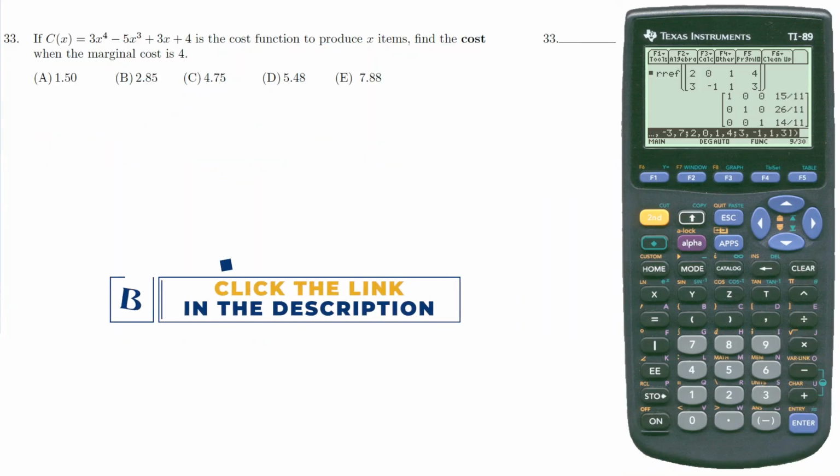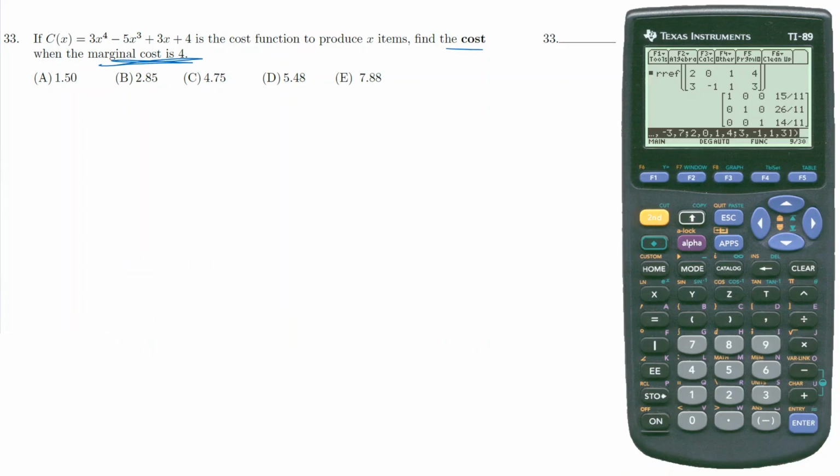Okay, if C of x is the cost function to produce x items, find the cost when the marginal cost is 4. For that, I first of all have to differentiate 3x to the 4th minus 5x cubed plus 3x plus 4, comma x. And then I have to solve it when this guy, which is the marginal cost, is equal to 4.